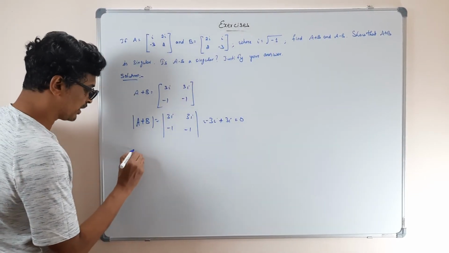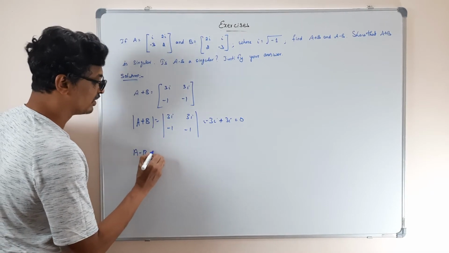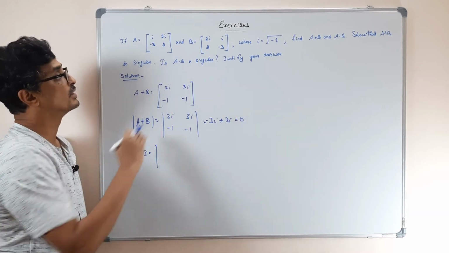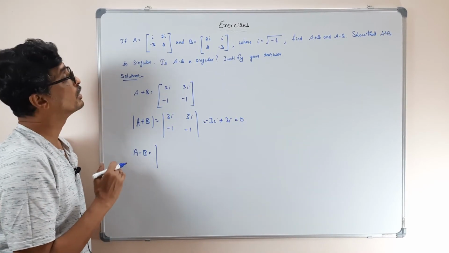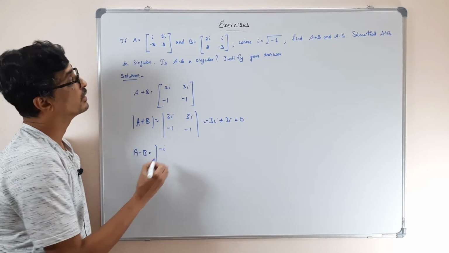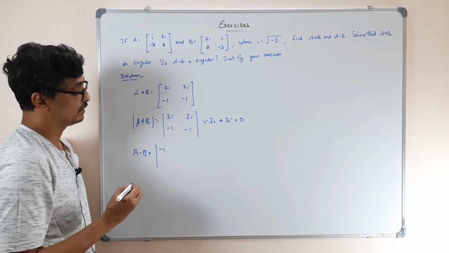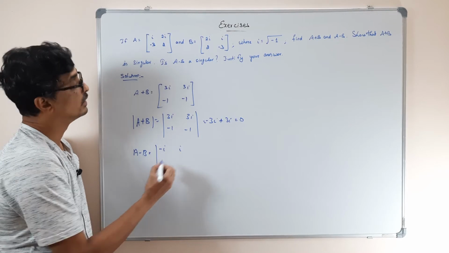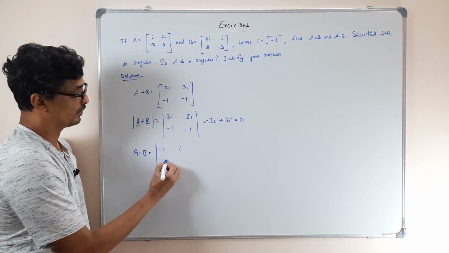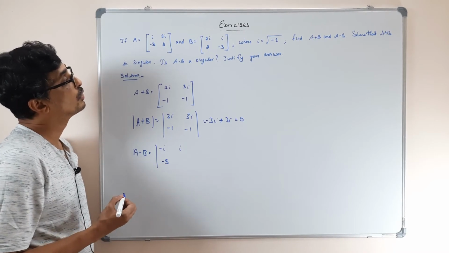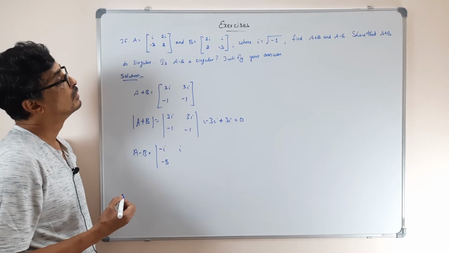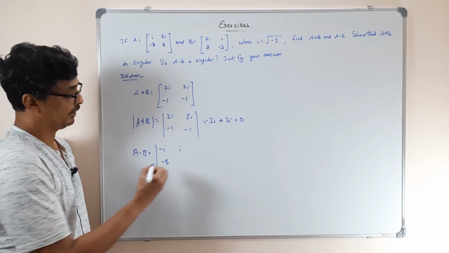So then put up the next one, A minus B. What will be A minus B? Therefore the matrix A plus B is singular. What is A minus B? Tell me. i minus 2i, that is minus i. 2i minus i, that will be i. Minus 3 minus 2, minus 5. 2, minus 3, 5, correct?